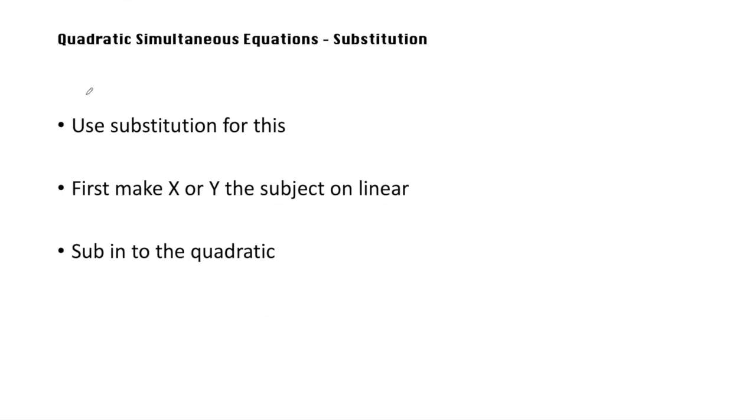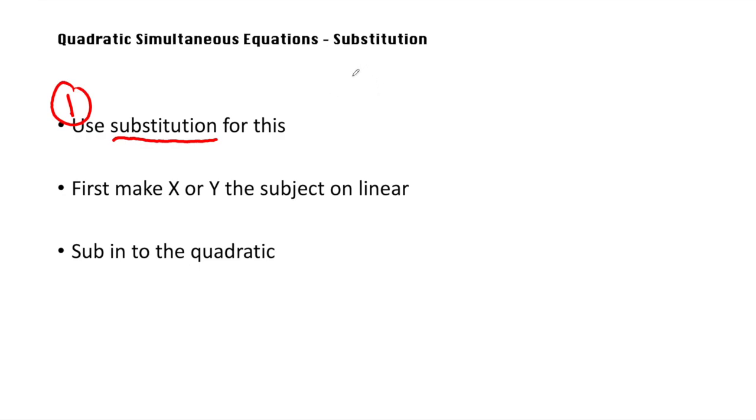So step 1 is we're using substitution for this, which you can see a basic substitution in the linear simultaneous equations video, but substitution is basically finding a definition for y or x and then subbing that into the quadratic equation.